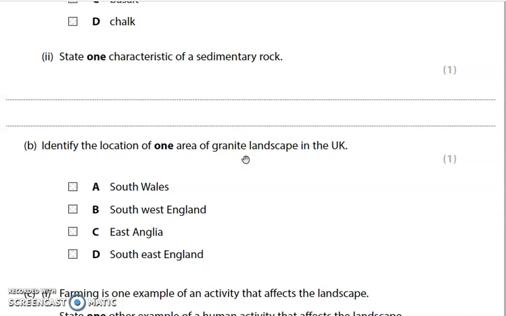If you're not sure, then just work out which ones you definitely know that it's not. For example, you may know that East Anglia is very, very flat landscape, and we know that granite landscapes are quite high. South East England is mainly chalk, ridges or low-lying, so it wouldn't be this area. So that would give you the choice between South Wales and South West England.